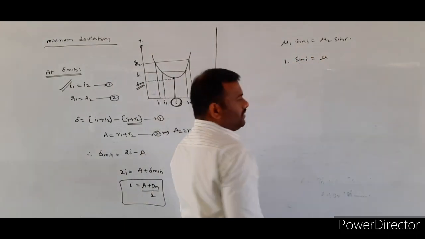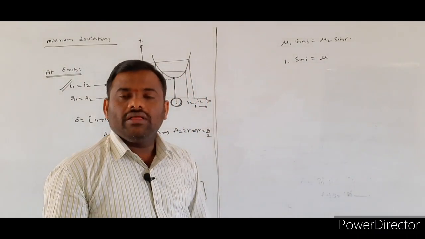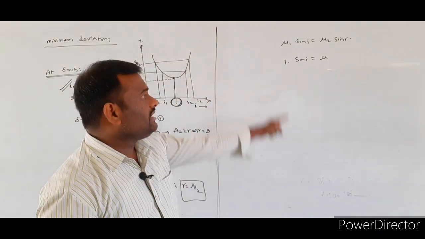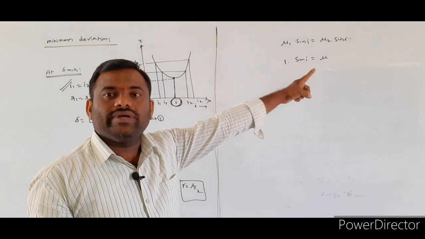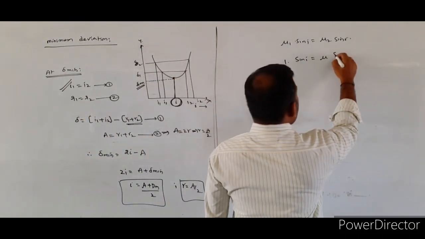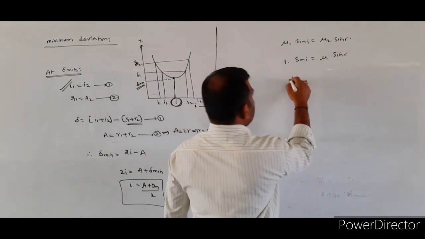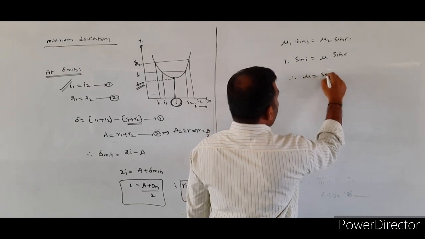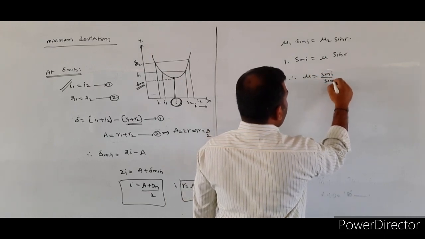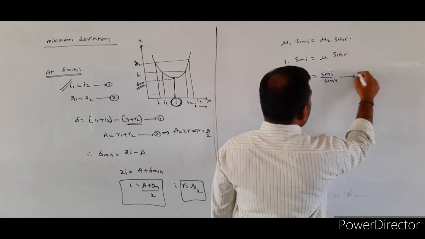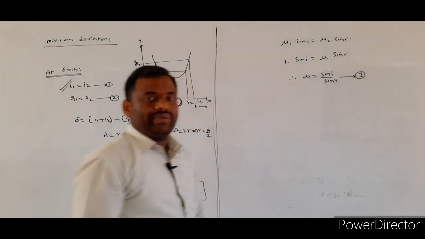Mu2 is the refractive index of the medium where the refraction takes place, which is the refractive index of the prism. Therefore, from Snell's law you got mu is equal to sin I by sin R.